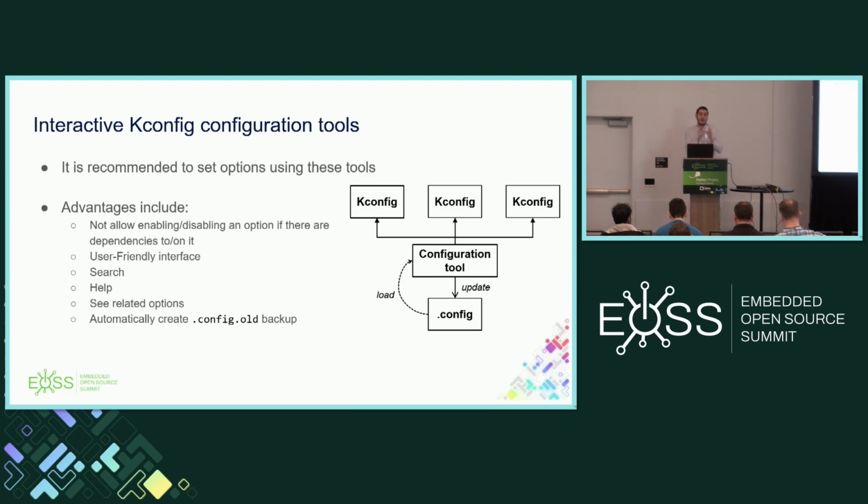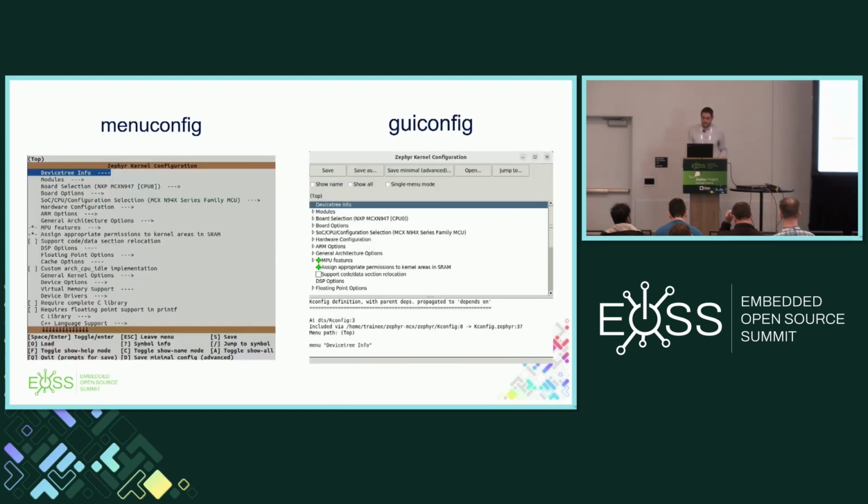An option can enable other options or might need other options, or just give you some ideas about other options that might be needed. And it will also do a backup. In case what you have done doesn't suit your project, you always have a backup file that you can get back to the previous options. It is the .config.old.